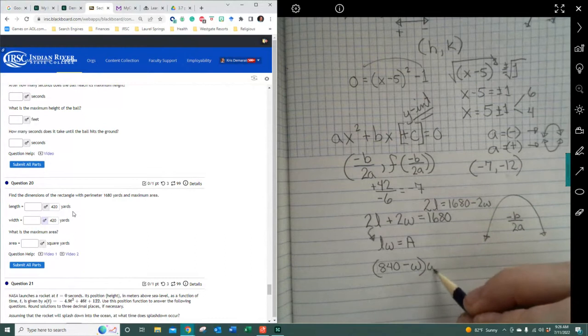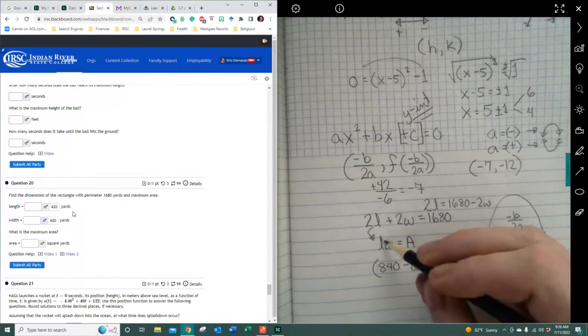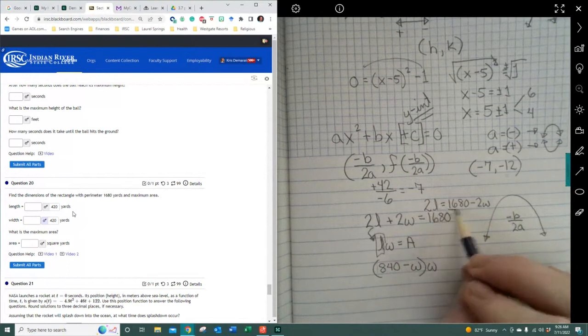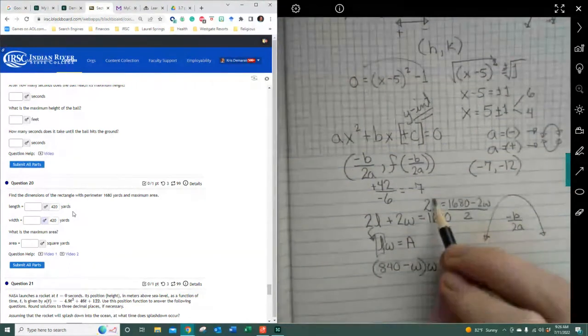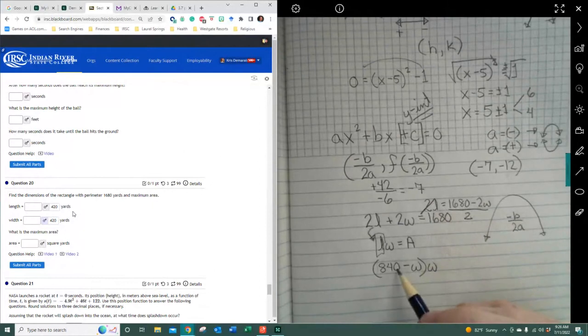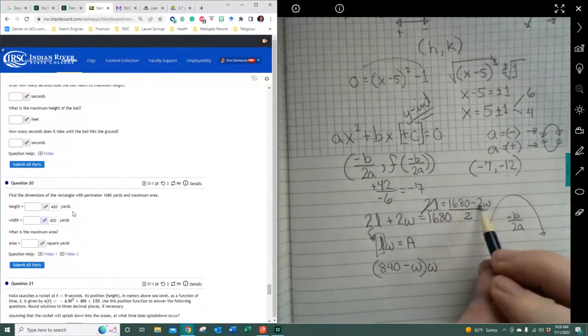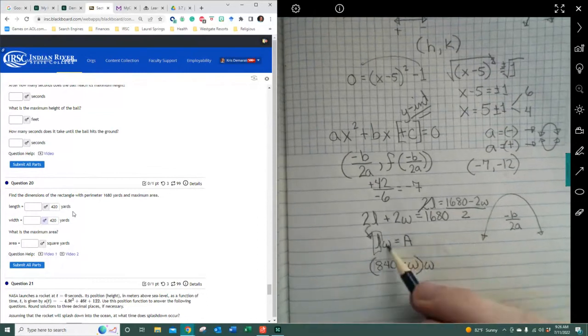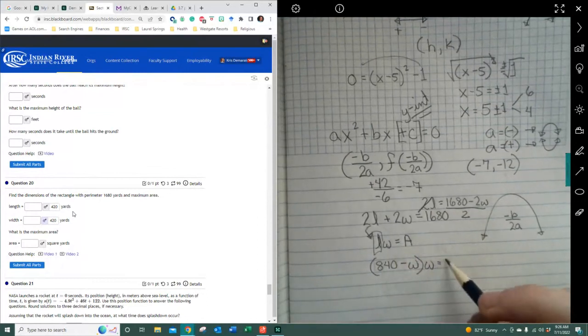And then I have W, because all I did was replace this L with the value of L equals 1680 divided by 2, negative 2W divided by 2. And then I have the W here equals the maximum area.